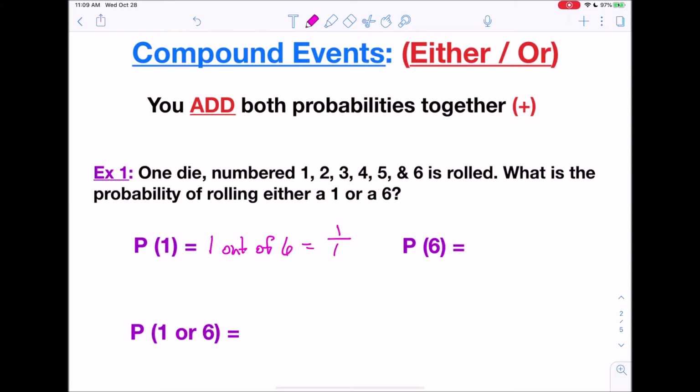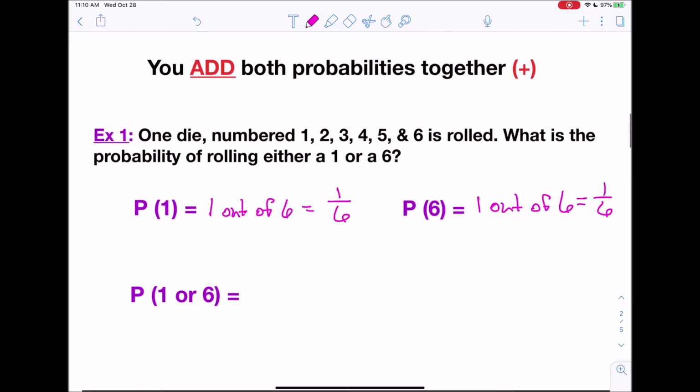We write that as a fraction as 1/6. Now, the probability of getting a 6. Once again, there's 6 different sides, and there's only one number 6 on the die, so it's going to be 1 out of 6 again, which equals 1/6. Now that we know our two probabilities, we can go ahead and add them together.